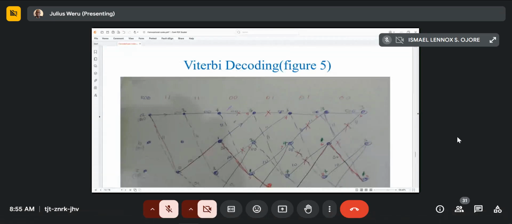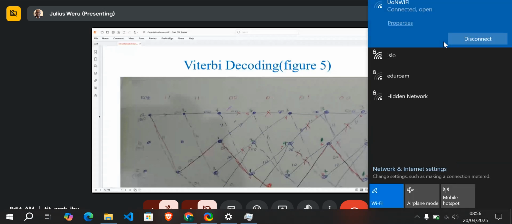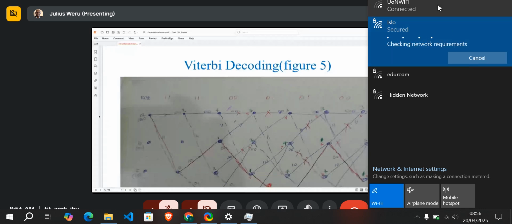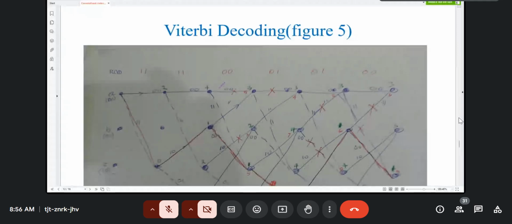And what I was trying to show is if there's an error, I think let's do it again. 00010100.